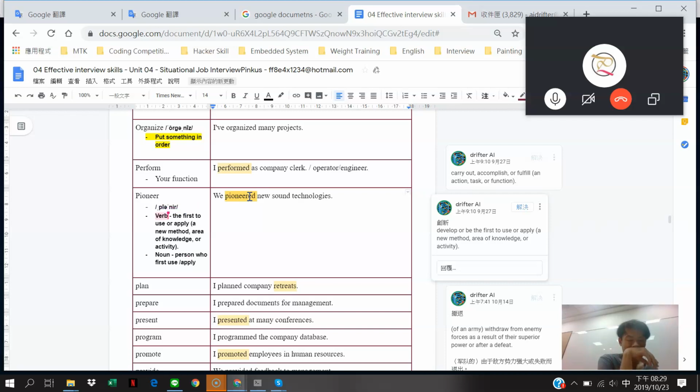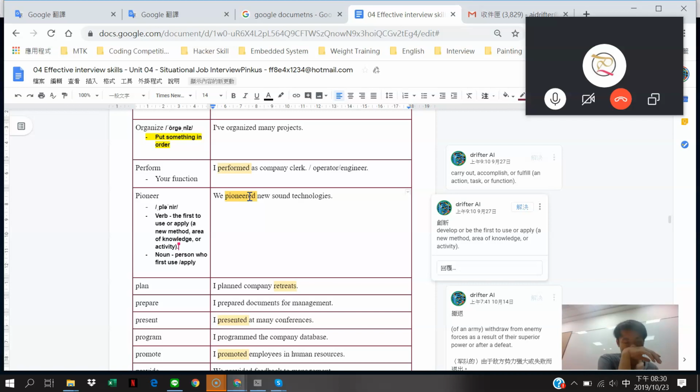Okay, I know. So if it's a verb, it's the first thing used or applied, but if it's a noun, it's a person. Right, that's the difference between the two.